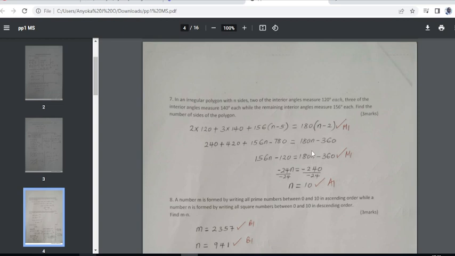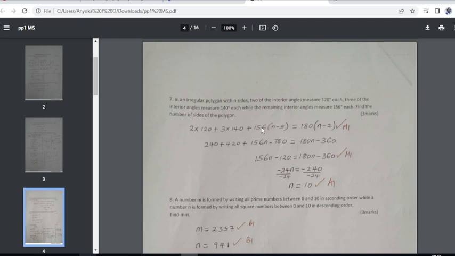In an irregular polygon with n sides, 2 of the interior angles measure 120 each, 3 of the interior angles measure 140 each, while the remaining interior angles measure 156 each. Find the number of sides of the polygon.